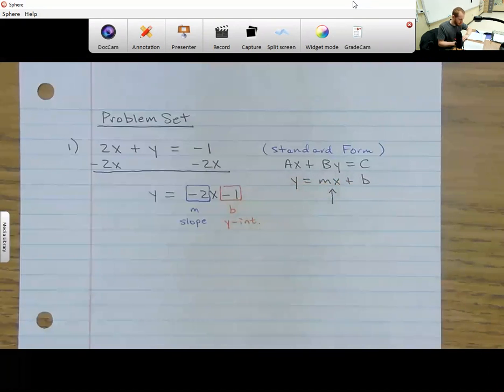So I have a slope of -2, and my y-intercept is -1. Okay? So we're going from standard form to slope-intercept form. Okay. Let's take a look at the next one, number 2.